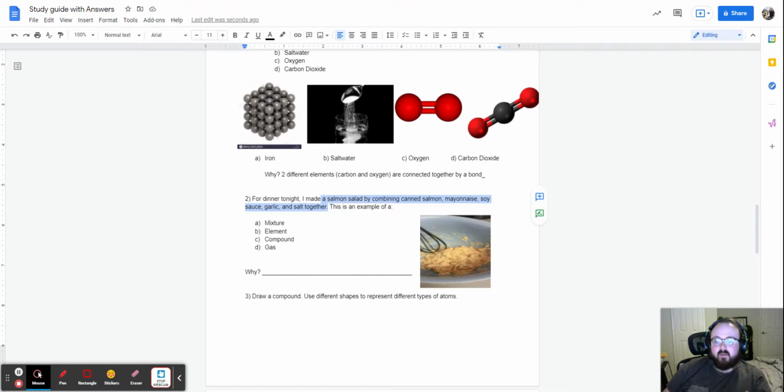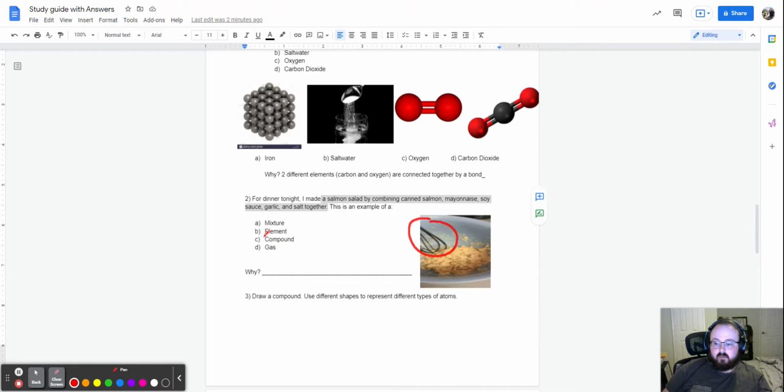So I'm not making anything new. I just put a whole bunch of stuff together, and you can see with the whisk right here, I put them together, and with what a whisk does, I combine them, I mix them. So I did not create a new compound. I did not add bonds to any of this stuff. I just put it together and I mixed it.